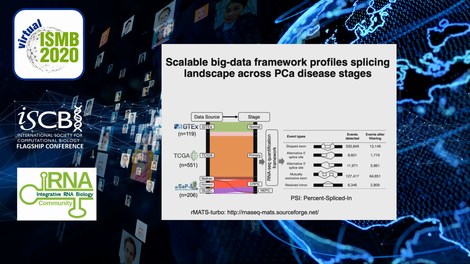So it's a ratio between 0 and 1. 0 means a complete skipping of the middle exon. 1 means a total inclusion. After proper filtering of the coverage of the junction and other filters, we're able to end up with more than 13,000 splicing events with high confidence.